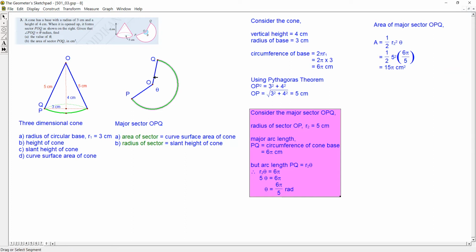R2. The radius of the sector OP is R2, which we found earlier is 5 cm. Let's link up the arc length, the radius and also the angle here. These three quantities: the radius, the arc length, and the angle.